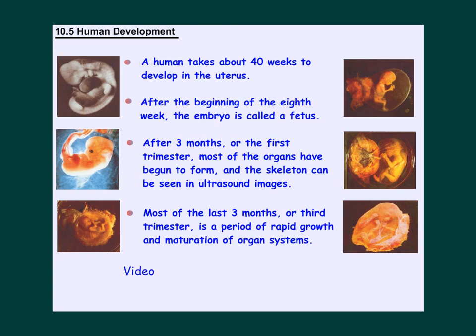If you remember from 10.3, I discussed that all of these different organs and skeletons and heart and skin will develop out of those primary germ layers: the ectoderm, the mesoderm, and the endoderm. Most of the last 3 months, or third trimester, is a period of rapid growth and maturation of organ systems. And that's usually where we see an increased size in the baby.